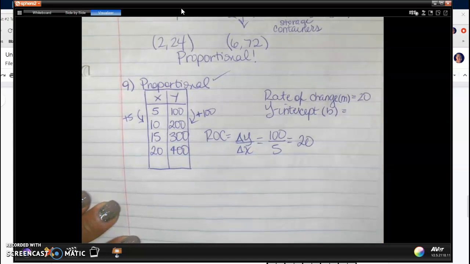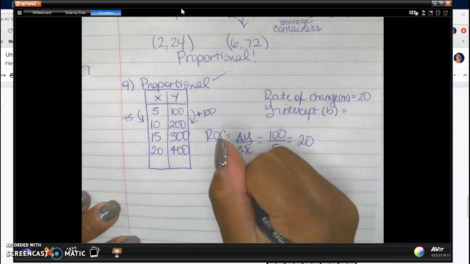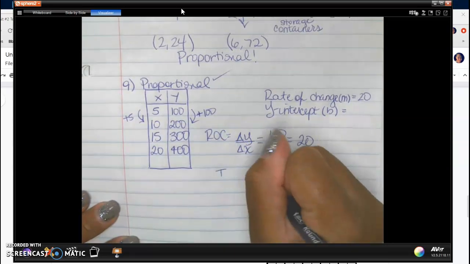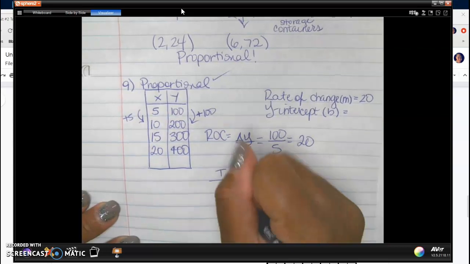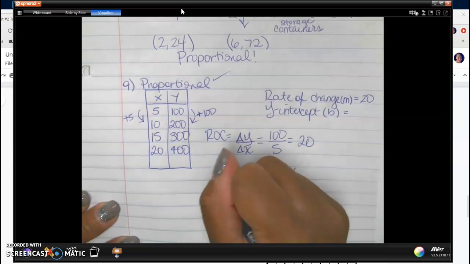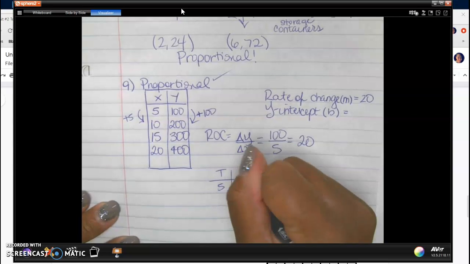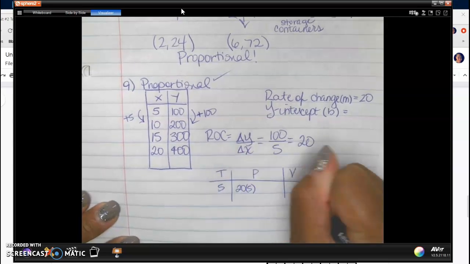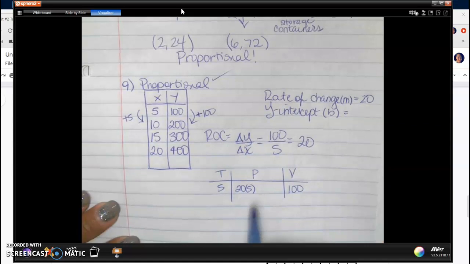Now, if I were to write this as an equation, watch. If this were my TPV chart, my first term would be 5, and then I would multiply it by 20, and then I would try and get 100, right? What's 5 times 20?